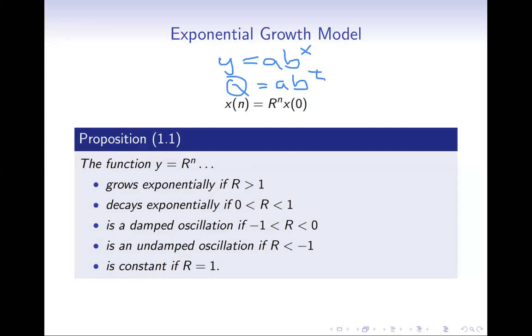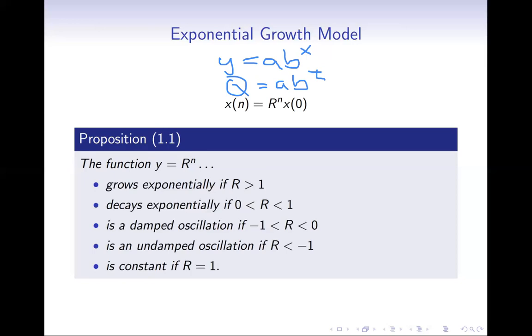Now, proposition 1.1 from our textbook tells us the behavior of this exponential growth model over time based on the value of that factor, capital R. The population will grow exponentially if capital R is greater than 1.